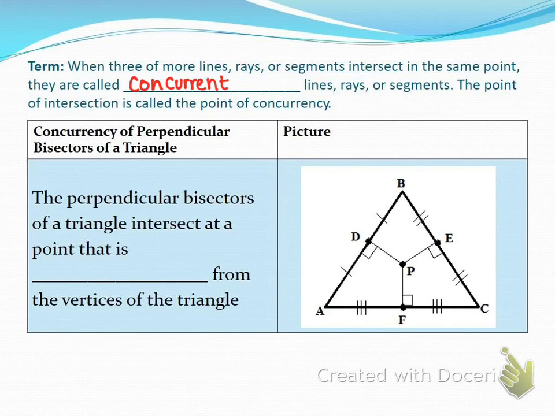The point of intersection is called the point of concurrency. The perpendicular bisectors of a triangle intersect at a point that is equidistant from the vertices of the triangle.